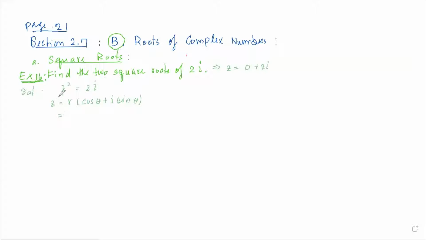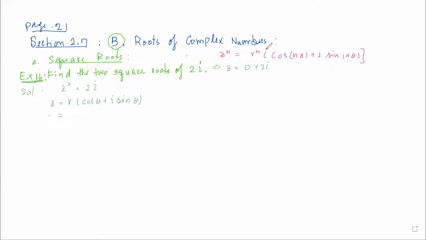So right now we want to find the square root, so we use the formula of De Moivre. The formula of De Moivre is: if you have z to the power n, it equals r to the n, cosine n theta plus i sine n theta.